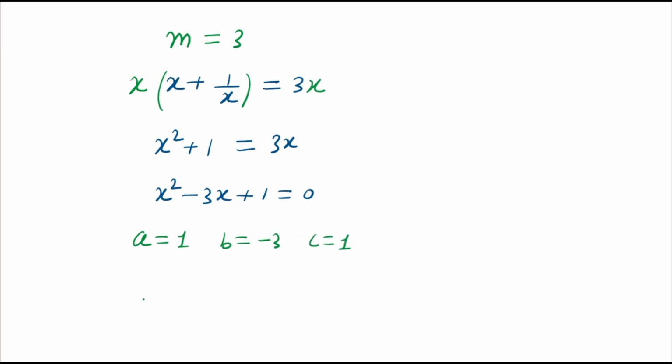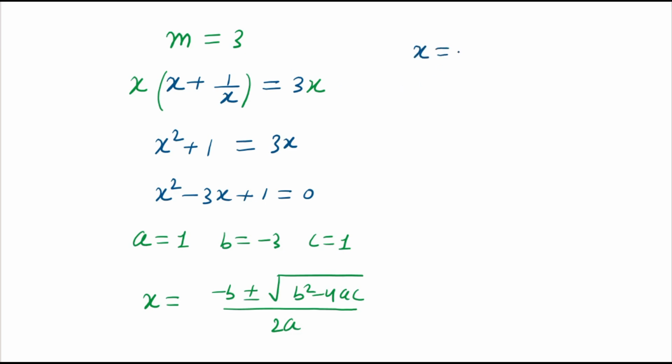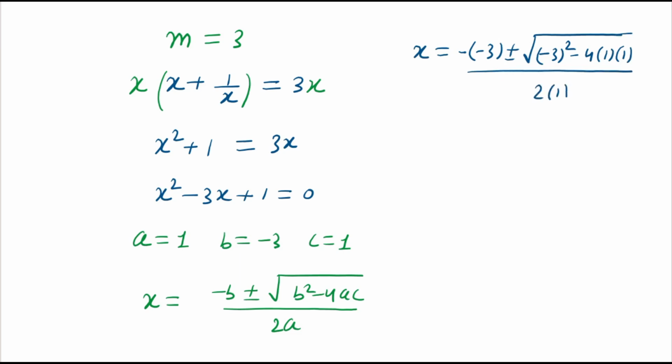Now we know the quadratic formula x = (-b ± sqrt(b^2 - 4ac)) / 2a. Then x = (-(-3) ± sqrt((-3)^2 - 4 times 1 times 1)) / (2 times 1).